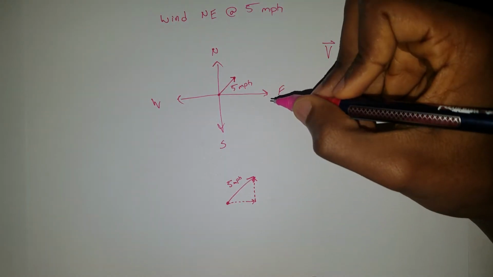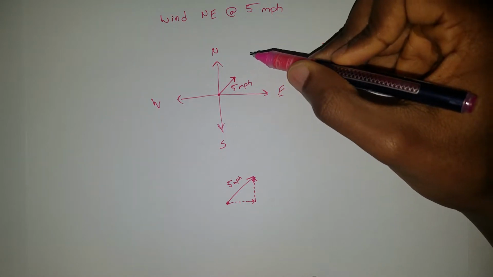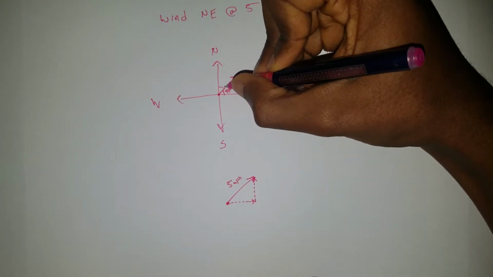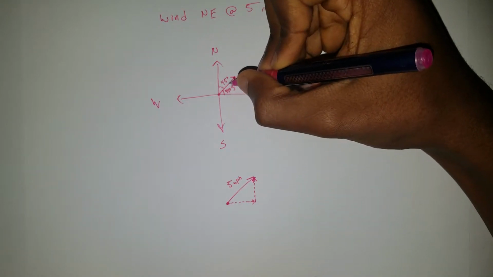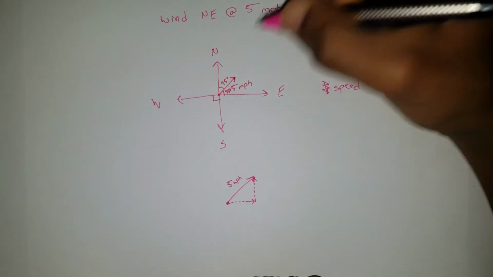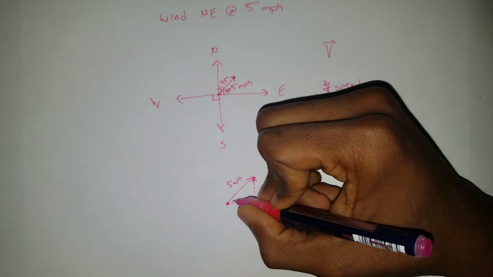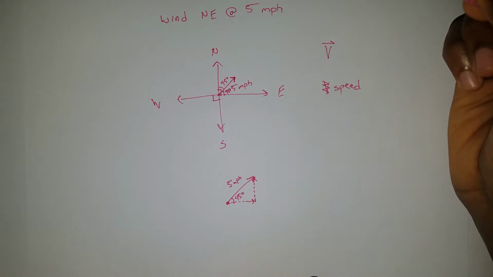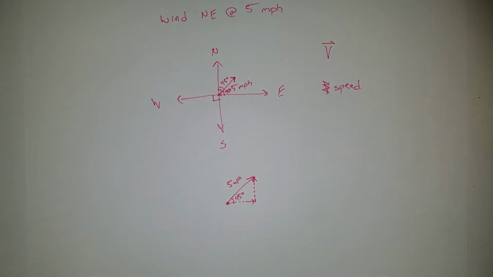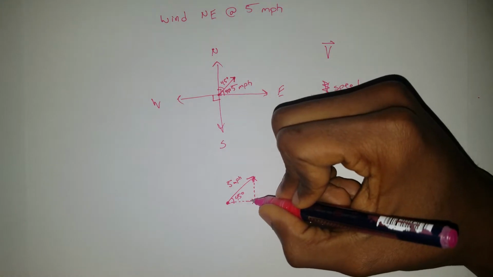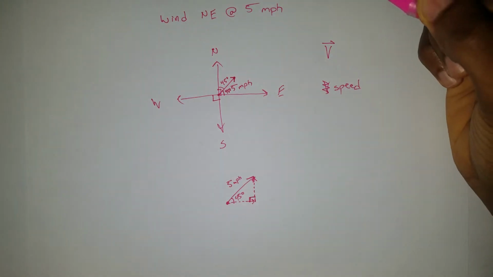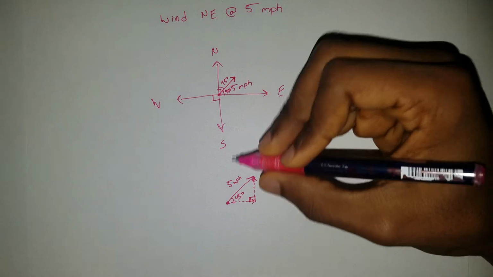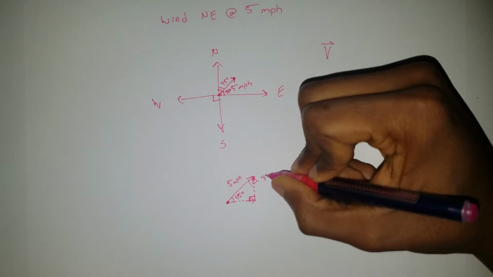Well, given that we know it's exactly northeast, meaning it's exactly at a 45-degree angle, remembering that this is a 90-degree angle, you can write 45 degrees, and given that this is 45 degrees, this must be 90, and given that the angles within a triangle must add up to 180 degrees, then this must be 45 degrees as well.